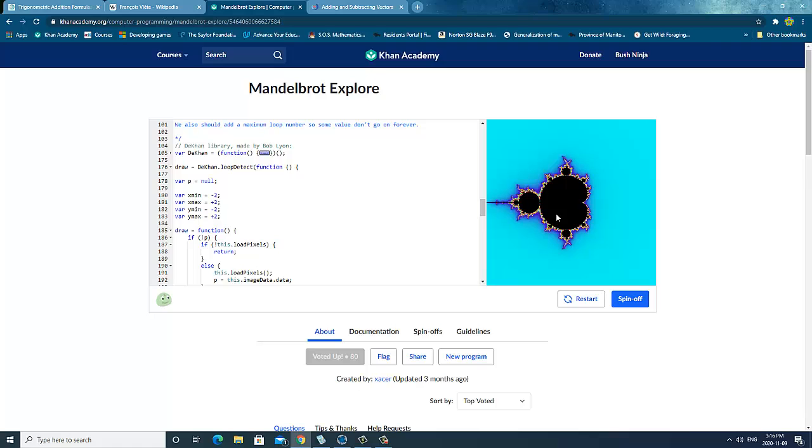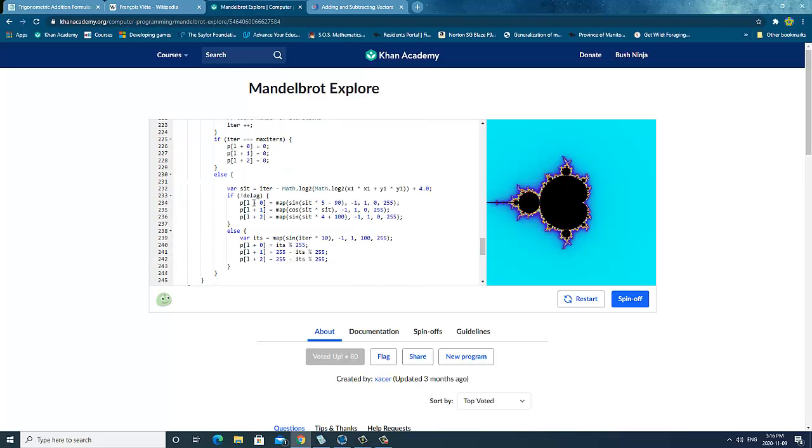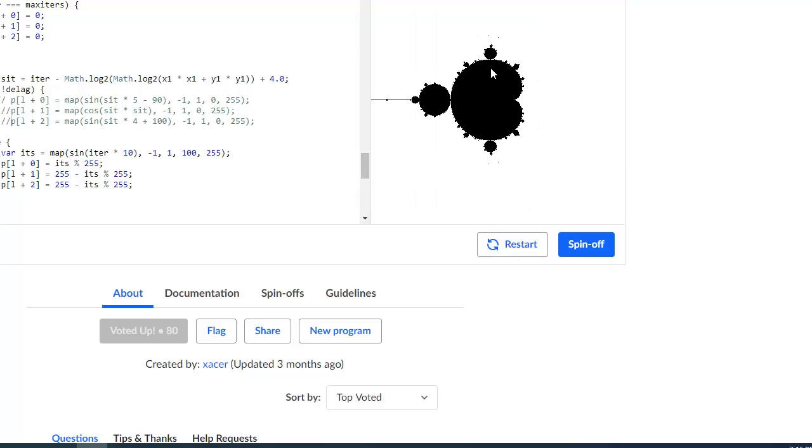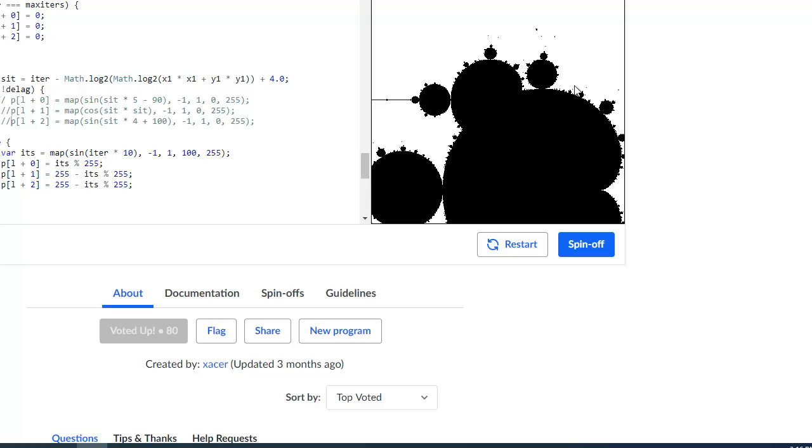So this black stuff here is the Mandelbrot set. What I can do here is I can comment out these things right here. This is the color functions, and so that there, everything you see is the Mandelbrot set, but we can't zoom in because this function overwrites what's already there.